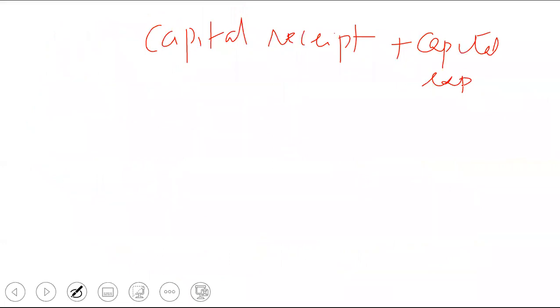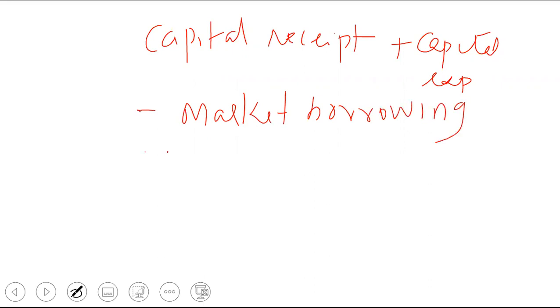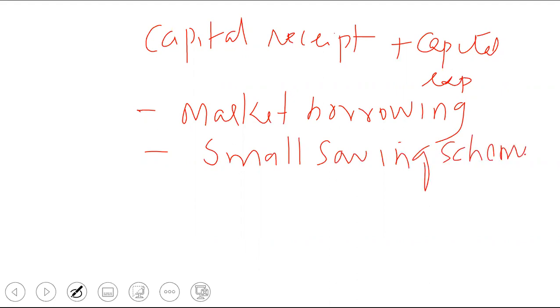Capital receipt includes A, market borrowing. Be very careful here. Market borrowing, I will explain. Second one, small saving schemes of the government.